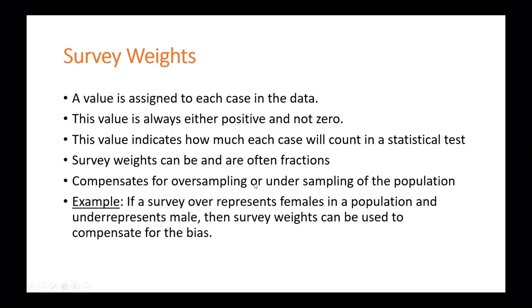In these cases, in order to correct this error and not have any kind of bias in the study, it's important that we develop survey weights. An example is if a survey overrepresents females in a population and underrepresents males, then survey weights can be used to compensate for this particular bias.